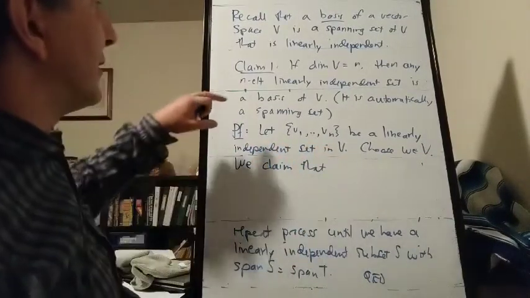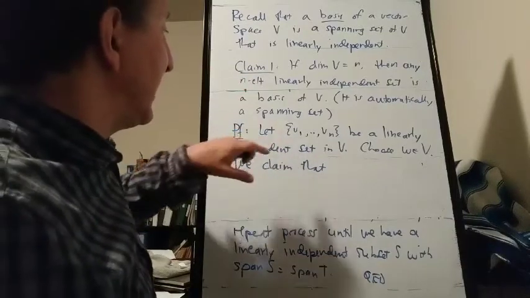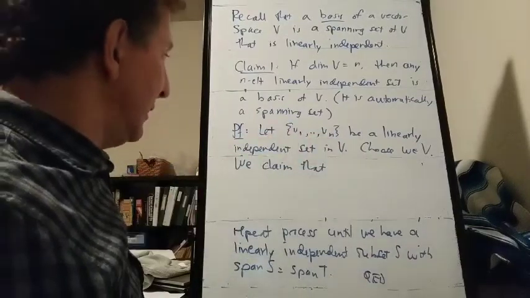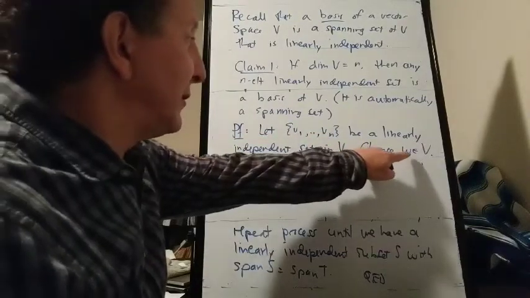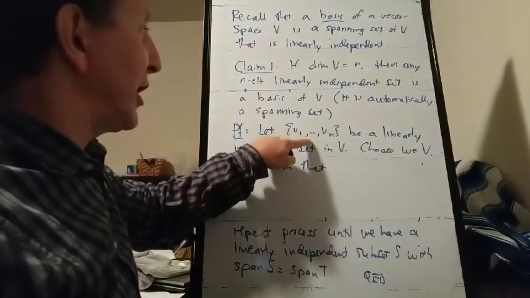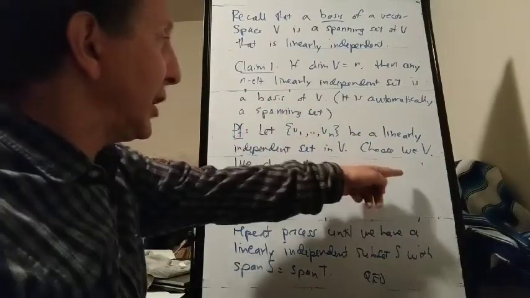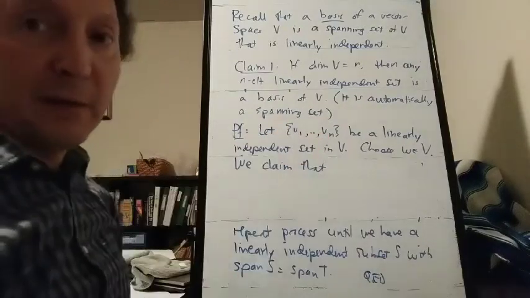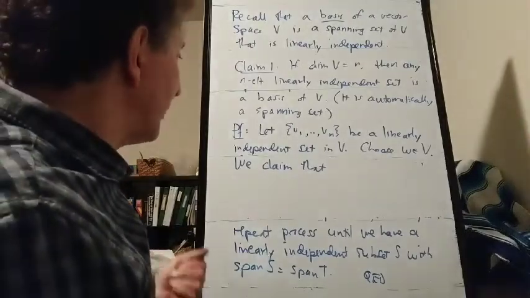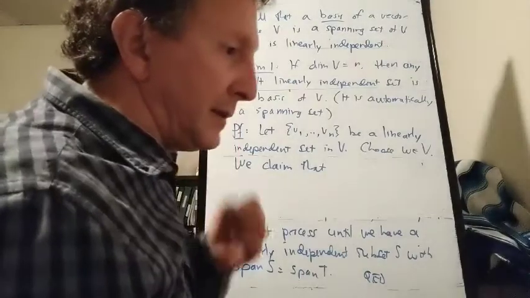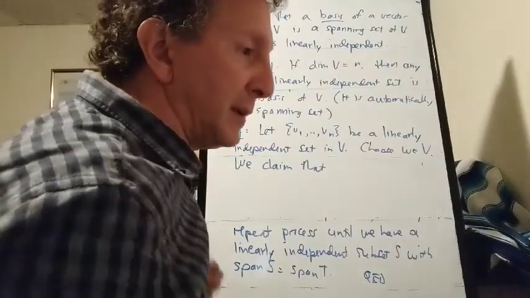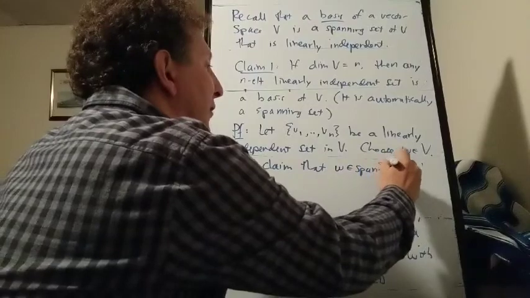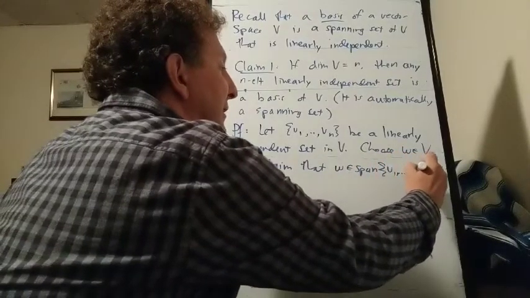I'm trying to show that this linearly independent set actually spans V just because it has the same number of elements as the dimension of V. So I'm going to try and show that W has to be equal to a linear combination of these. That'll show that any element in the space can be expressed in terms of these, and therefore that these span the space. So let's choose W, and we claim that W belongs to the span of v1 through vn.